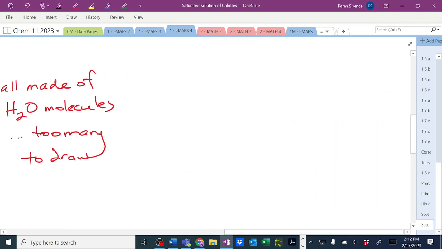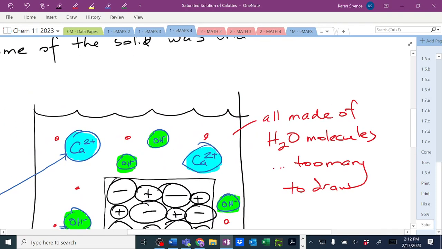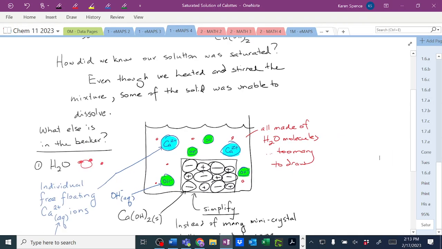Like what would you do? You would have a calcium, and here I have a hydroxide, and here I have a hydroxide, and then I have another, I don't know. It just becomes really hard. So we're not even going to worry about it. So that takes care of question number 7.